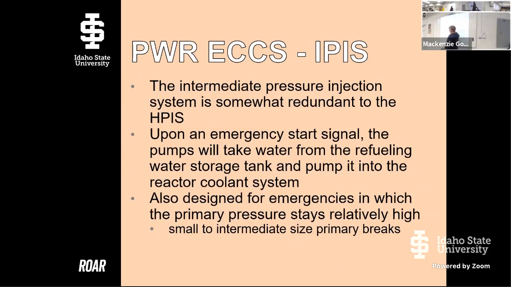Intermediate pressure is somewhat redundant because when you get an emergency start signal, it's going to start pumping this, and you have relatively high primary pressure still, but you might be losing some pressure because you have an intermediate break instead of just a small break.